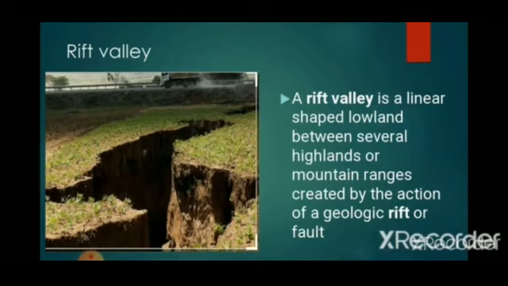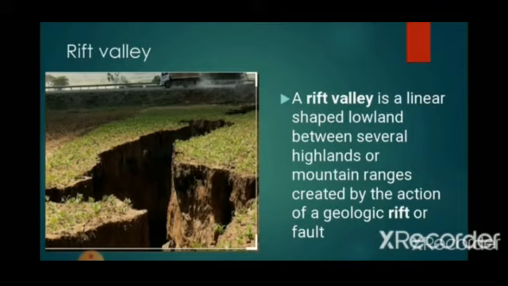The Great Rift Valley of Africa is considered the biggest rift valley in the world. A rift valley is a linear shaped lowland between several highlands or a mountain range, created by the action of geologic rifting, meaning it has happened due to the earth moving apart and a valley being formed.